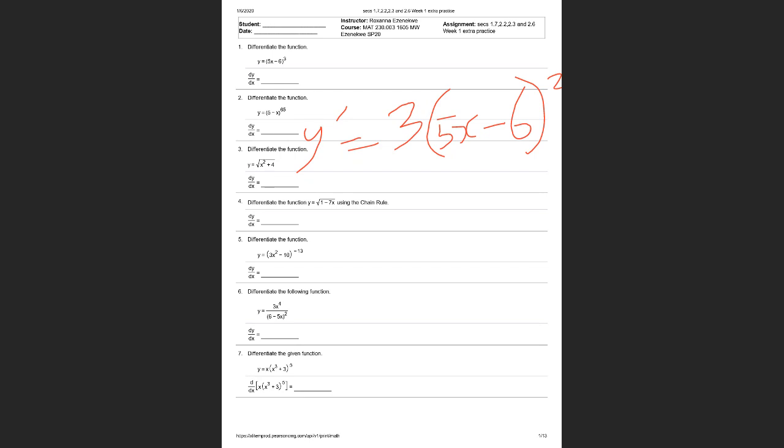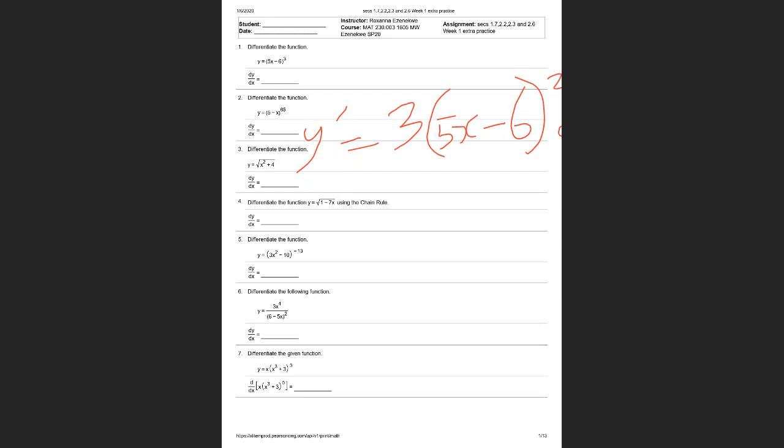Then multiplied by the derivative of the inner function, and that is 5. Simplify, therefore y prime is equal to 15 into 5x minus 6 to power 2.